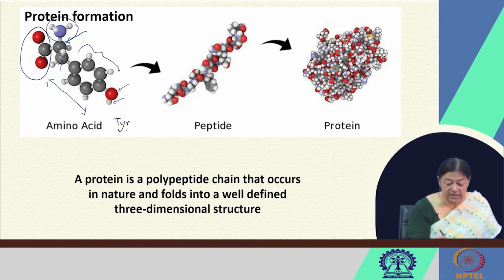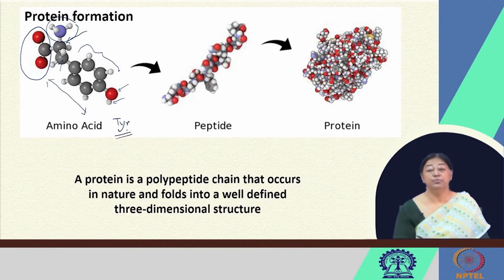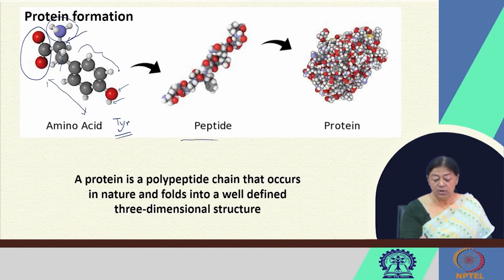Now, in an understanding of proteins, we have to know the side chains of the amino acids very well. After we know what the amino acids are, we have to know their linkages. Their linkages form what is called the peptide. What is this peptide is what we are going to understand.